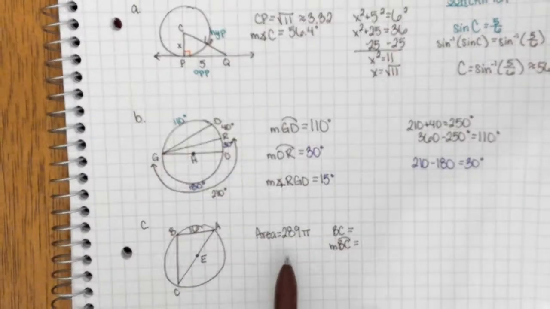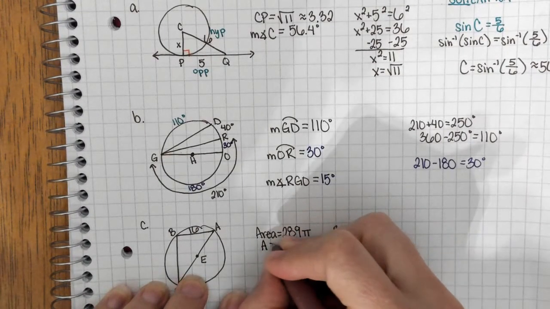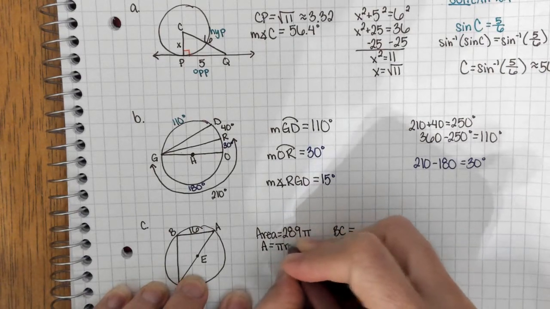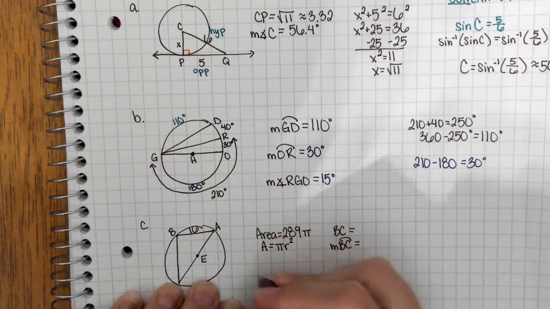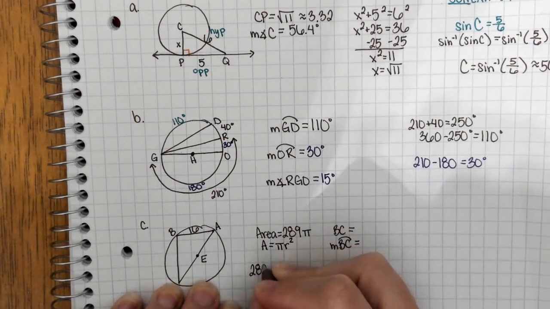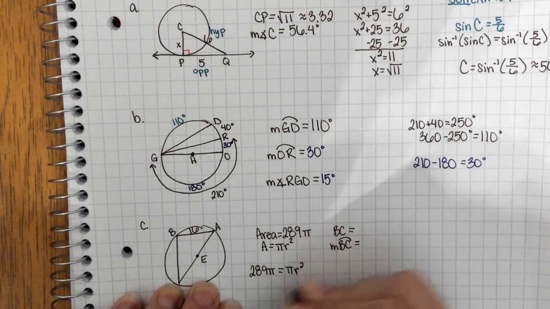Okay, so if they give us the area, we know the equation for the area of a circle is pi r squared. So by substitution, 289 pi equals pi r squared.